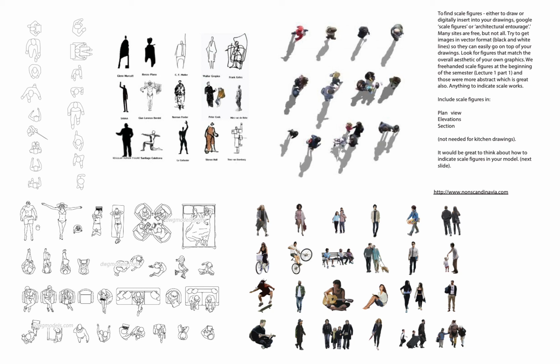And this website is one I use professionally. It's free. It's nonscandinavia.com. So they're dedicated to finding really inclusive scale figures, because a lot of the times people that design things tend to add in scale figures that look like them.